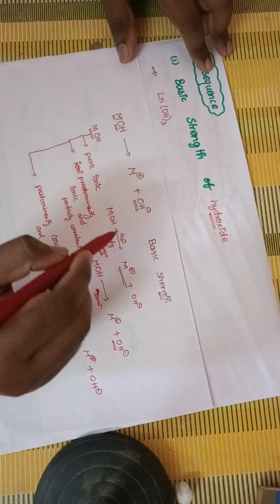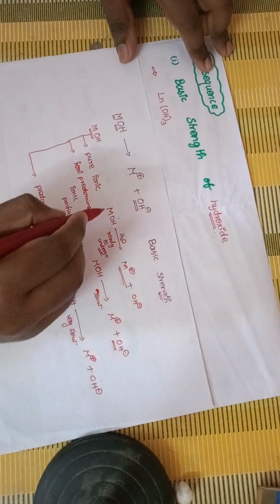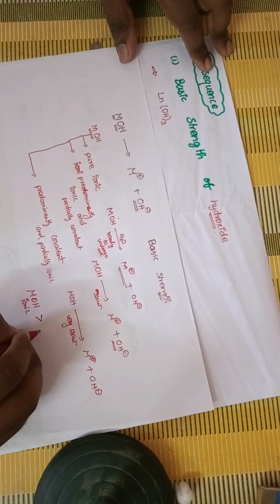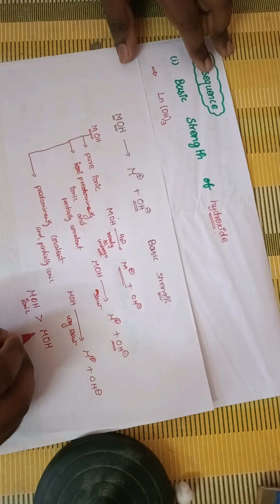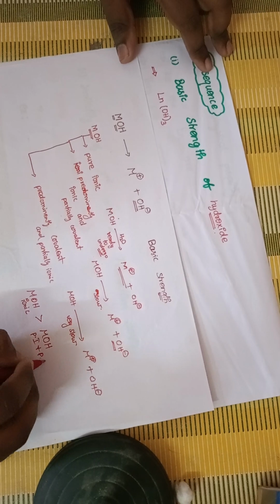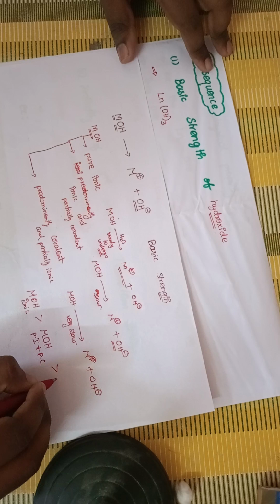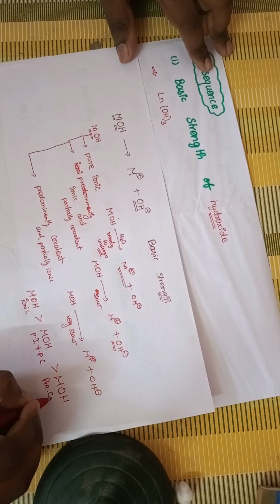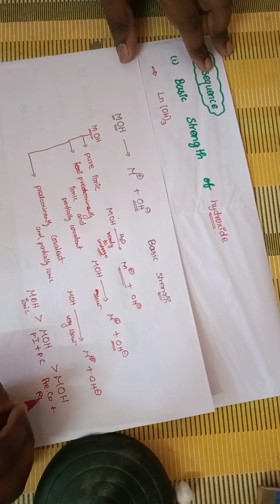So the MOH which is pure ionic is more basic than MOH predominantly ionic and partially covalent, which is more basic than MOH predominantly covalent and partially ionic.